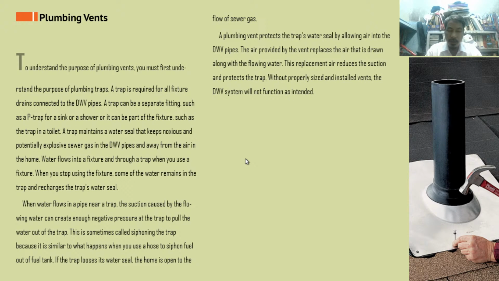There are several things going on that are being done by the proper use of the water seal, such as charging, discharging, and so on. So the objective of having plumbing vents is to protect the P-trap's water seal.